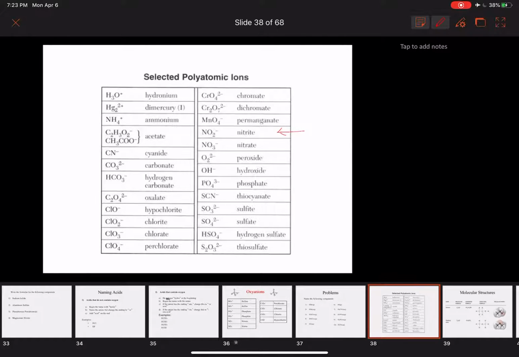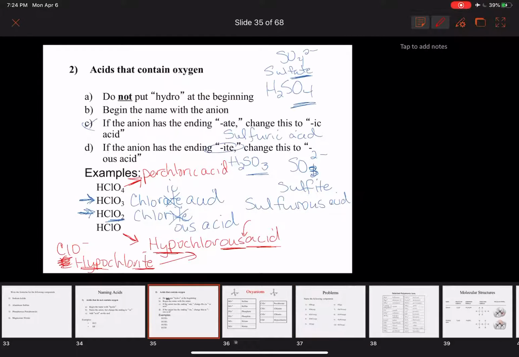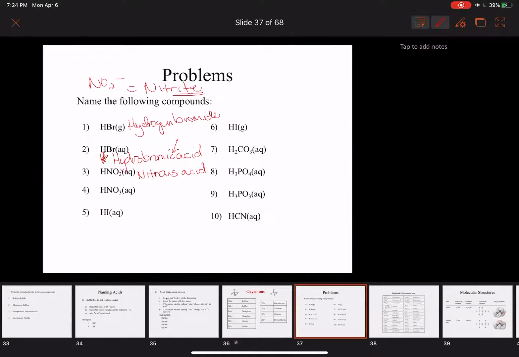So we've got an ite ending here. So this one is going to be nitrous acid because NO2 minus is nitrite, so we've got the ite ending. And the rules say that if you have an ite ending, you're going to change this ending to us acid when we have this anion forming an acid.